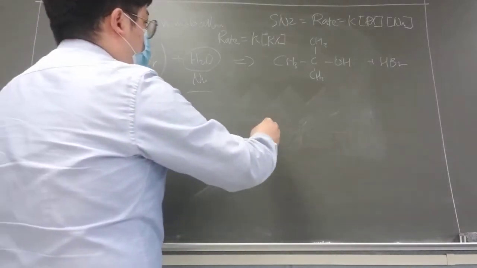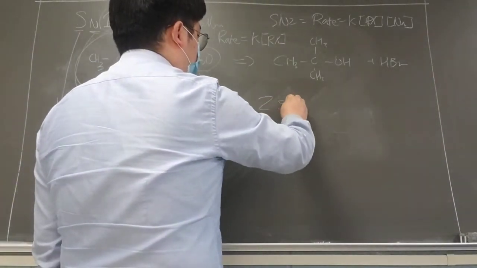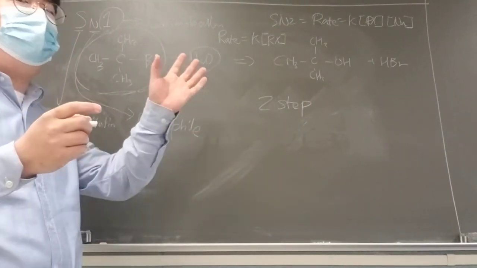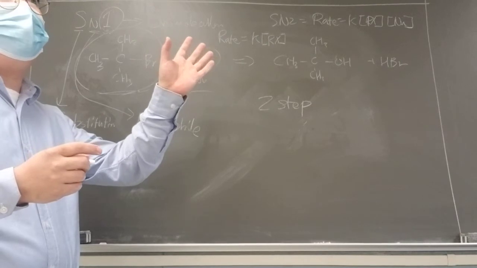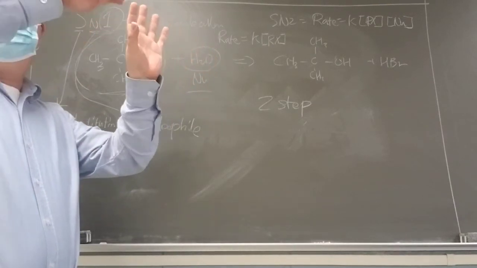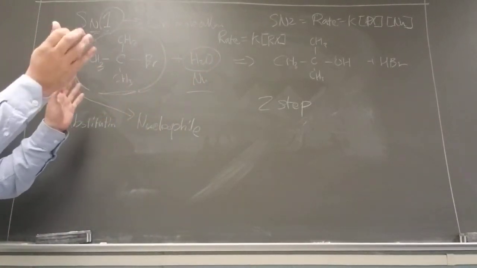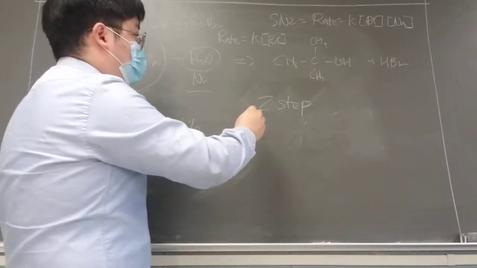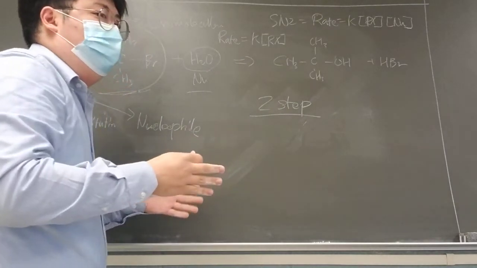Because this one will have 2 steps. So the SN2 had only 1 step. The nucleophile attack and the breakage of your leaving group bond happen almost simultaneously. But in here, it happens in 2 different steps.